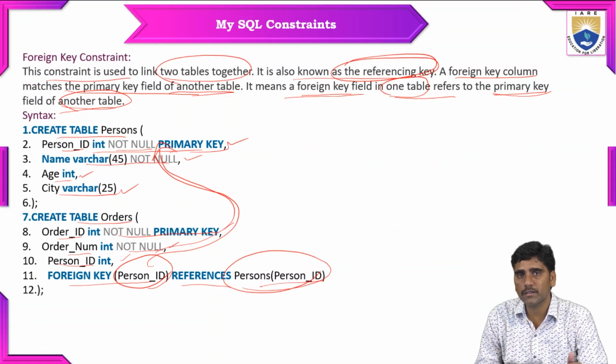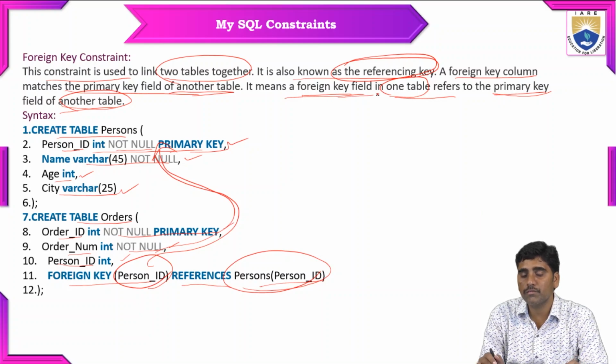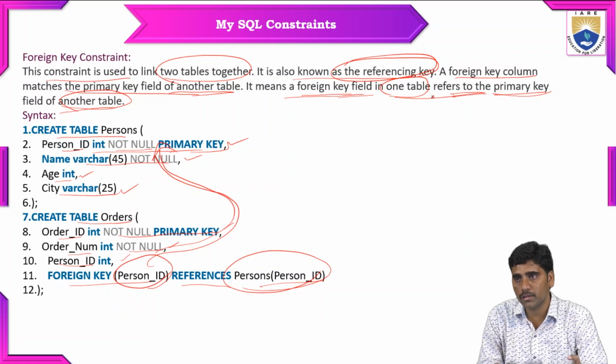And last, foreign key constraints. Foreign key constraints are nothing but the referencing key constraints which interact from one table to another table. The foreign key field in one table refers to the primary key field of another table.